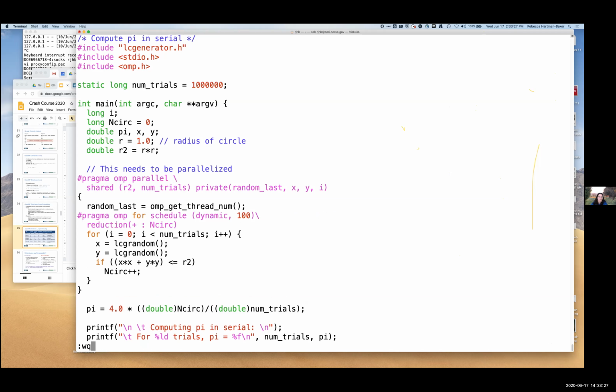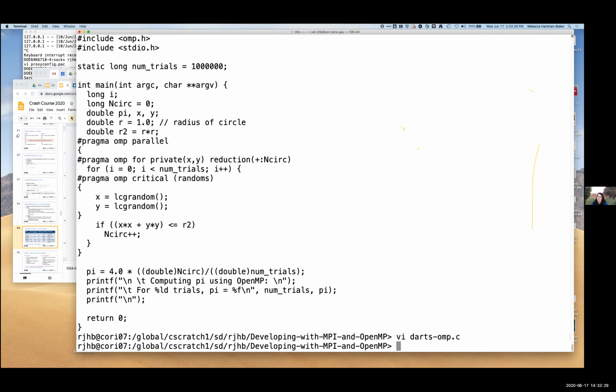All right, well, shall we go for it? Let's go for it. Okay, thumbs up. cc -qopenmp darts_omp.c. Not c, o, darts_omp.